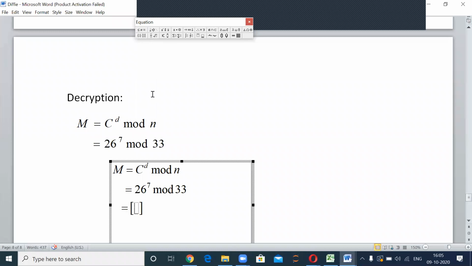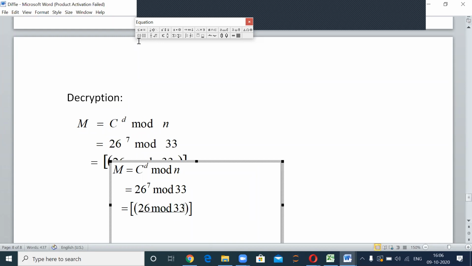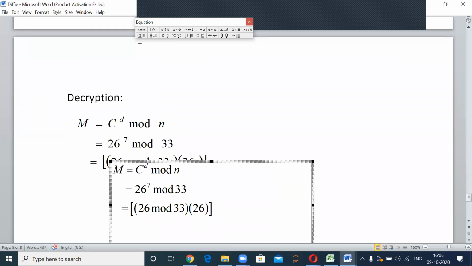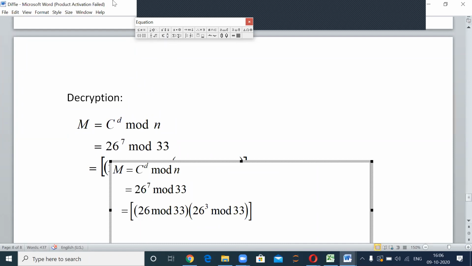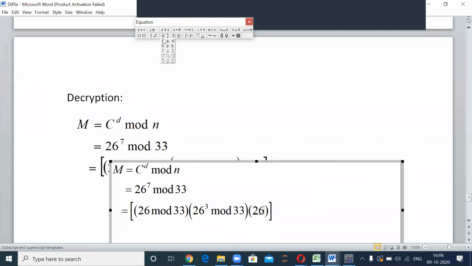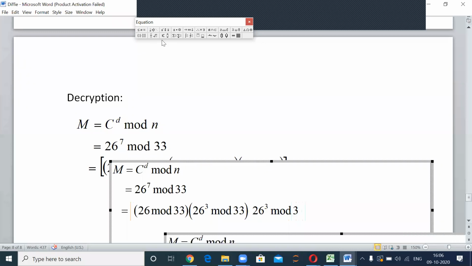This can be written like that: 26 power 7 as 26 mod 33, and 26 cubed mod 33, again 26 power 3 mod 33.